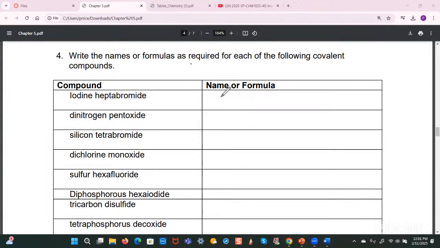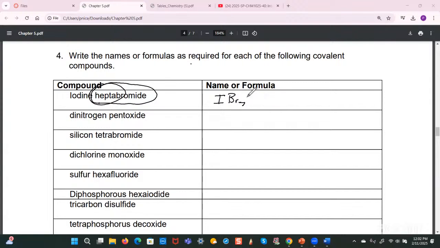You can look it up in the tables. All right, okay, very good. And then it says here heptabromide. So you know that the second element is bromine, right? And the formula would be Br. But what does hepta mean? 7. So therefore, that's the formula, IBr7. All right? What about the next one?